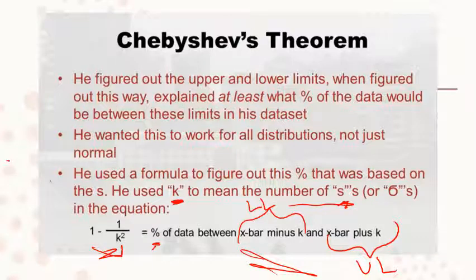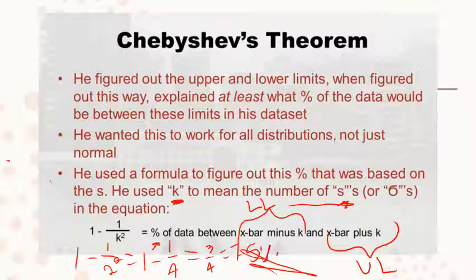For example, let's say you decided that you're going to use 2 standard deviations. So K would be 2, right? So if K is 2, then it's going to look like this, right? Now we're going to get 1 minus 1 over 2 squared, which is 4. And then 1 minus 1/4 would be 3/4, or 75%, right?